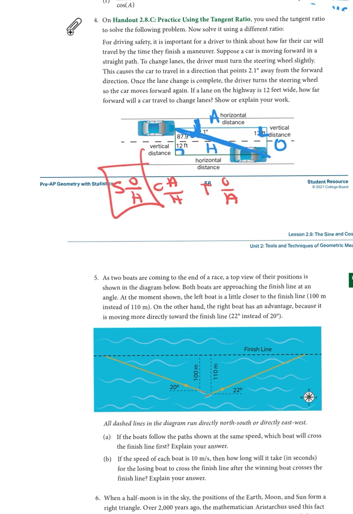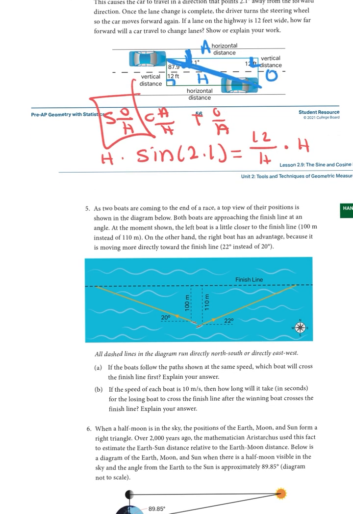So I have sine of 2.1 is equal to 12 over H, and solve for H. So times H on both sides. H times sine 2.1 is equal to 12. And then I have to isolate the H, so divide by sine 2.1, divide by sine 2.1.